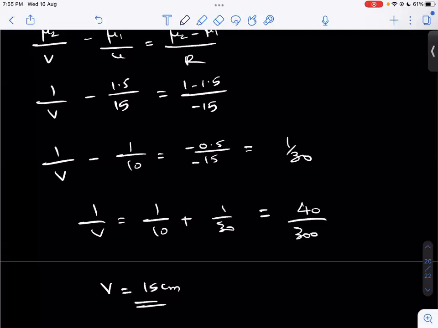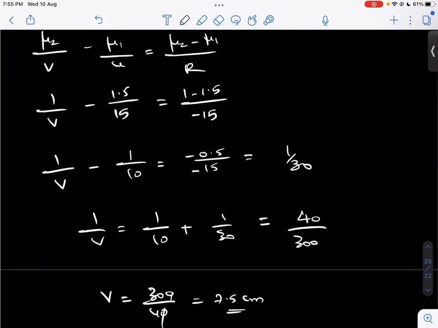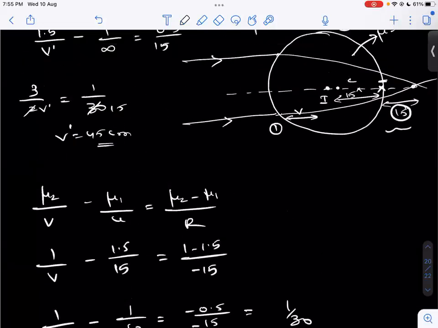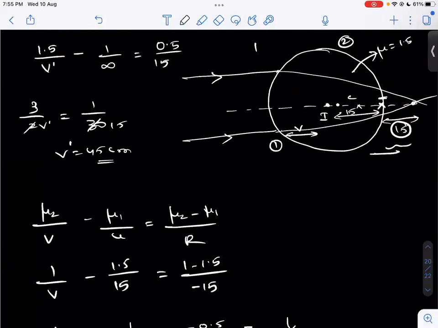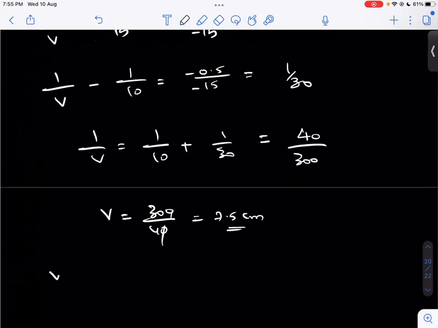Is it correct? Yes. But this 7.5 is from where? 7.5 is from the surface. But they asked from the center. So for the center, 15 more will get added to the 7.5. So V will be equal to 15 plus 7.5, which will give you 22.5 centimeters.